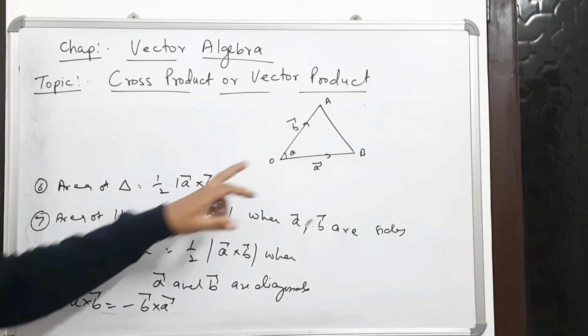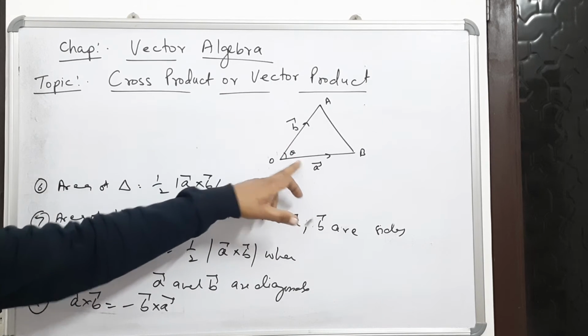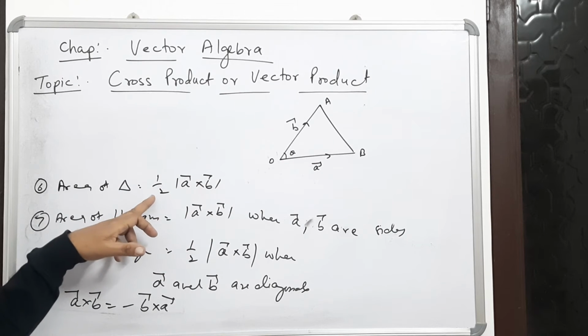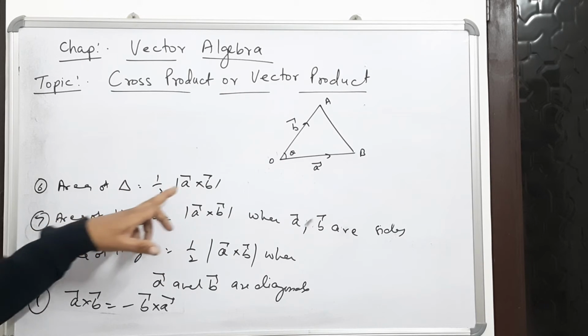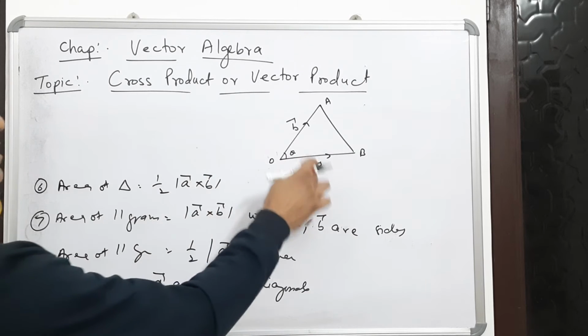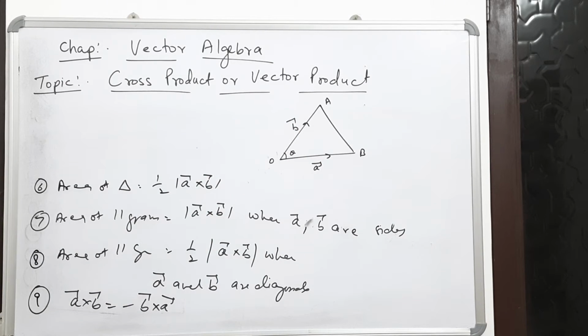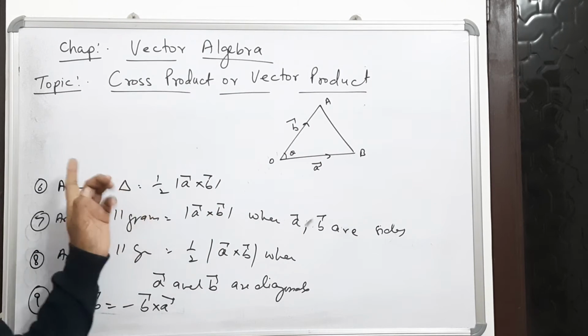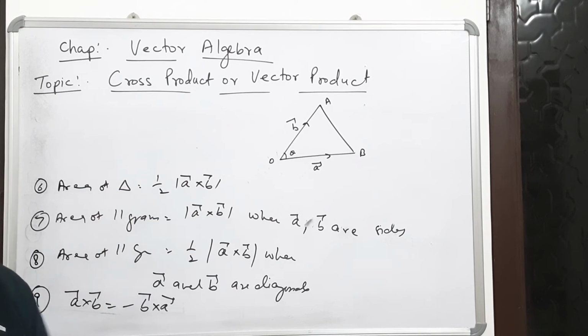And what will that be? It is the magnitude of A cross B divided by 2. Here A and B represent the sides of the triangle. So that is another important property, and we can say an application of the cross product or vector product.